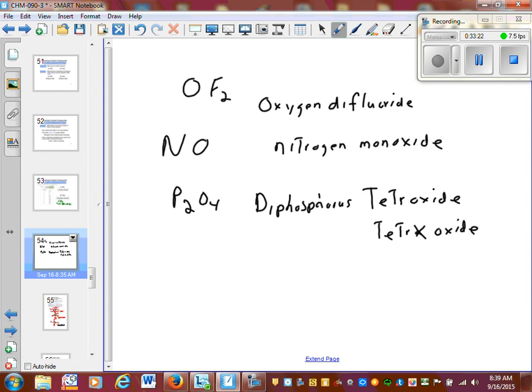SCl2. Sulfur dichloride. So doing covalent compounds is pretty simple.